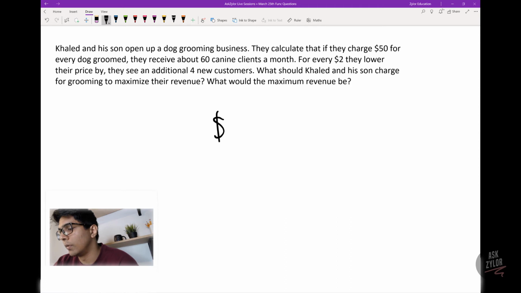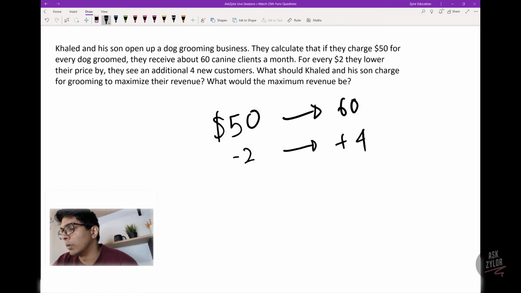So let's say $50, we get 60 clients. For every $2 they lower their price by, they see an additional 4 new customers. So if they subtract $2 from the price, they get 4 new customers, right?